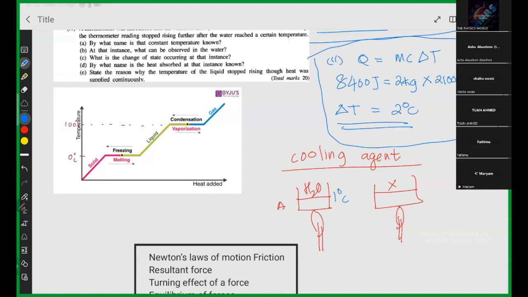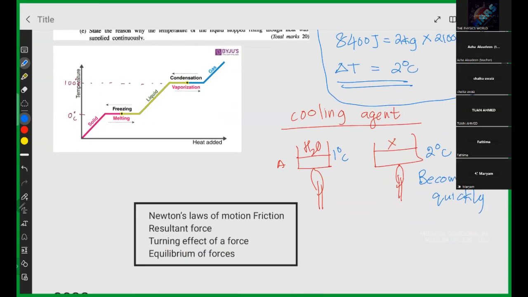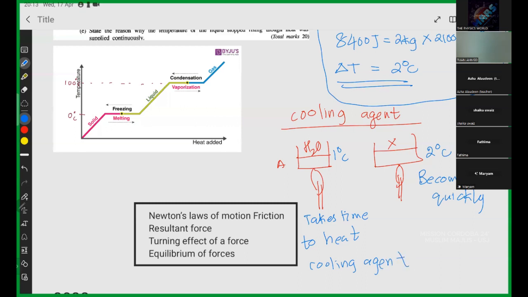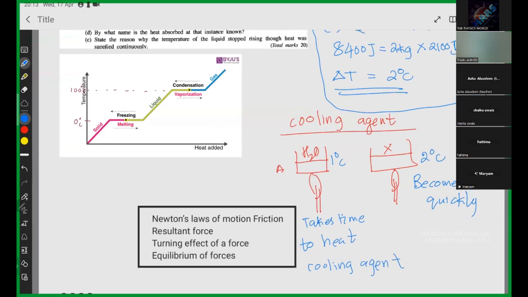Same heat, same time. But this has increased 2 degrees Celsius. That means this one becomes hotter quickly. This one takes time to heat. So if it is taking more time to heat, then that is a good cooling agent.